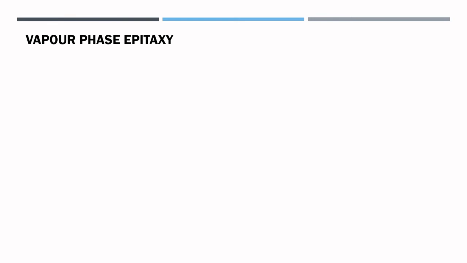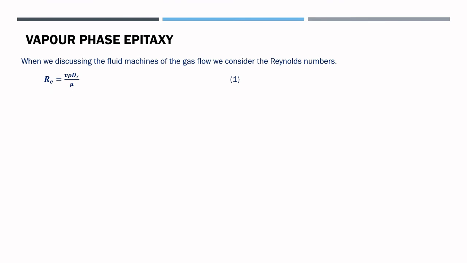When we start discussing the fluid mechanics of the gas flow, we consider the Reynolds number, which is a dimensionless parameter that characterizes the type of fluid flow into the reactor, and that is Re equal to V rho dr divided by mu, where dr is the diameter of the reaction tube, V is the gas velocity, rho is the gas density, and mu is the gas viscosity.